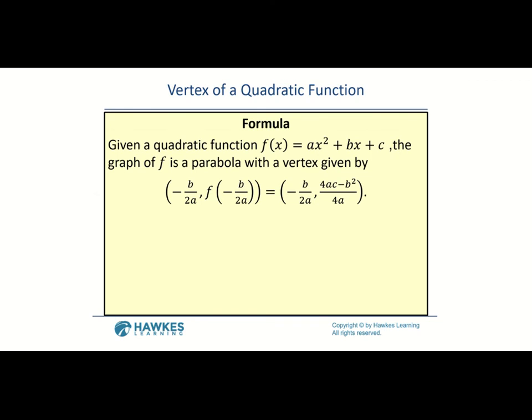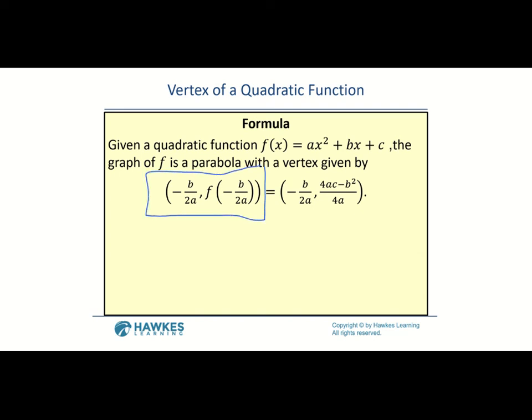All right, so now we are going to find the vertex of the quadratic function they gave us. The easiest way to do this, if it's in standard form, is to find the vertex by looking at the values of a, b, and c.